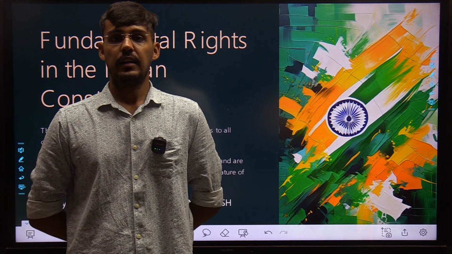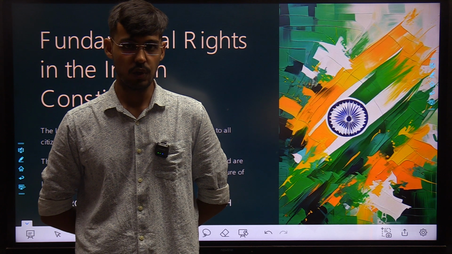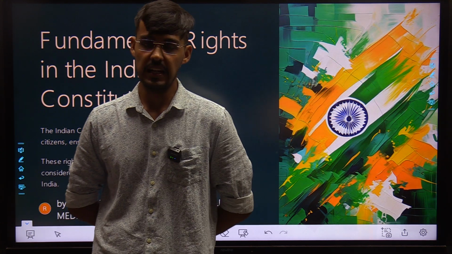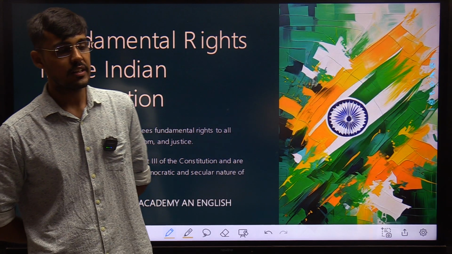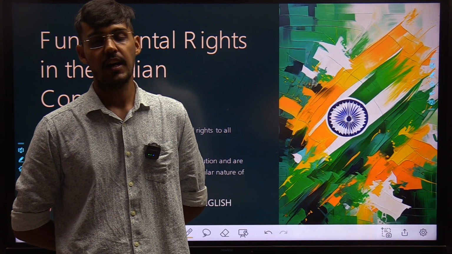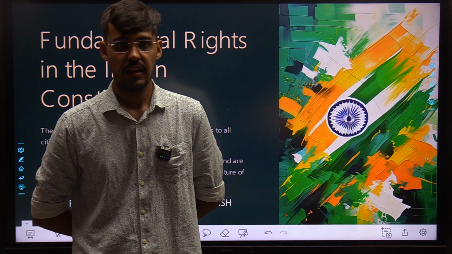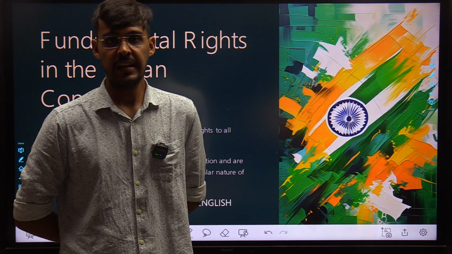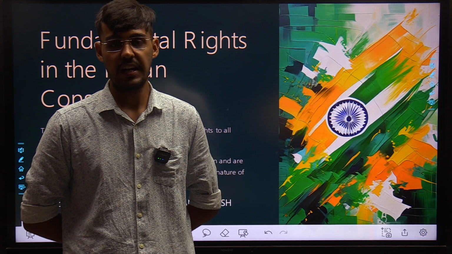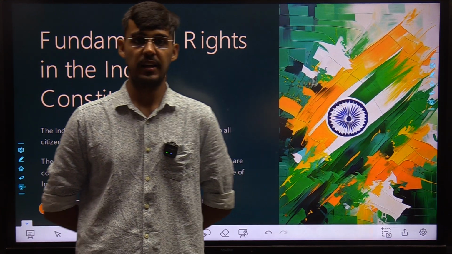But here the question arises, what is the meaning of the word quasi-federal? The word quasi-federal implies that Indian federalism has a strong tilt towards centralizing tendencies. It means that in India's democratic polity, the central government is more powerful as compared to the state governments.